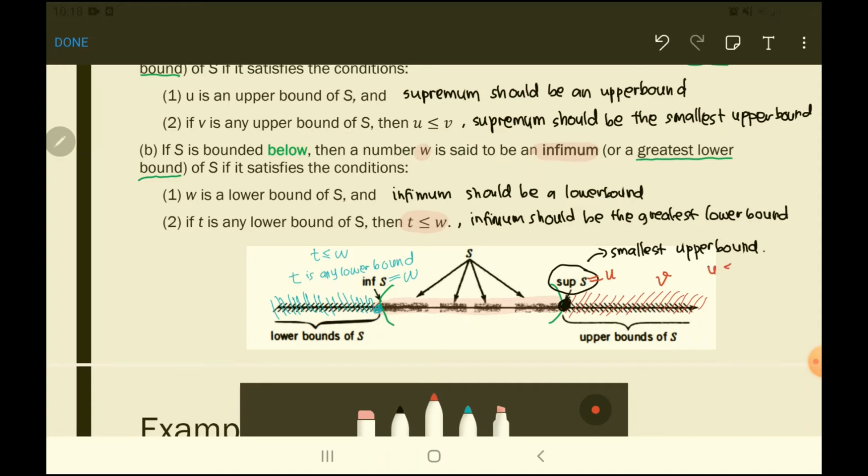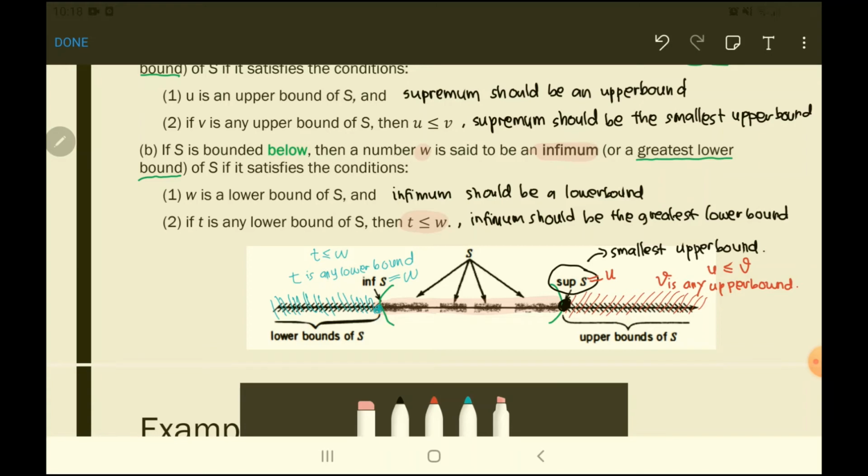So U will be less than or equal to phi, where phi is any upper bound. So that's the idea of supremum and infimum.